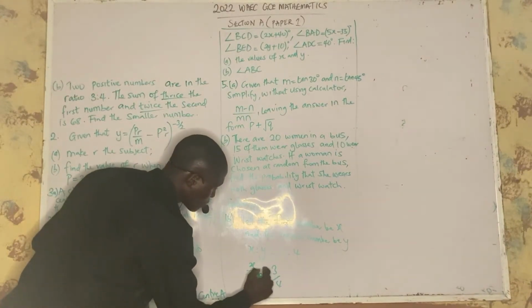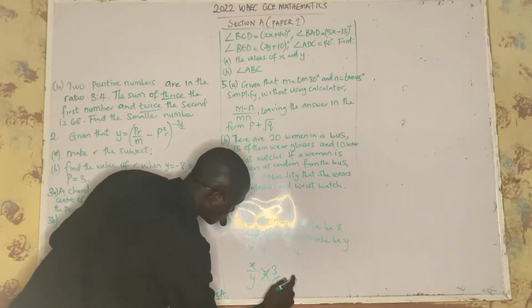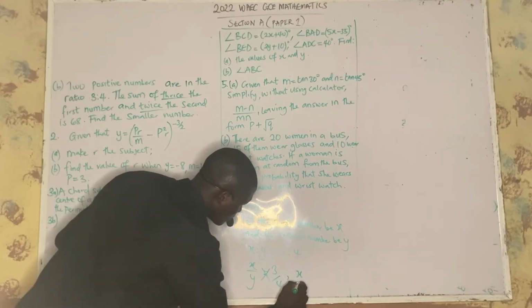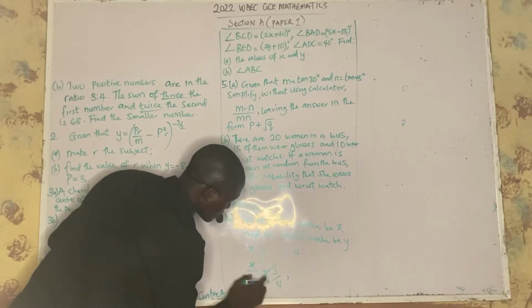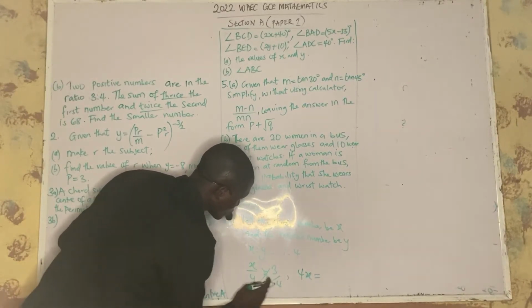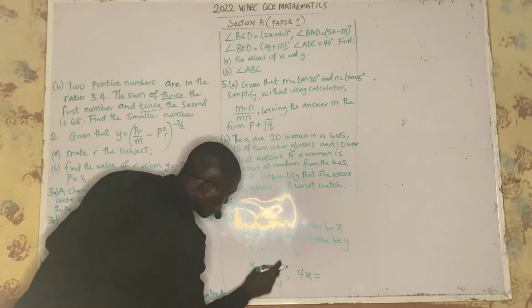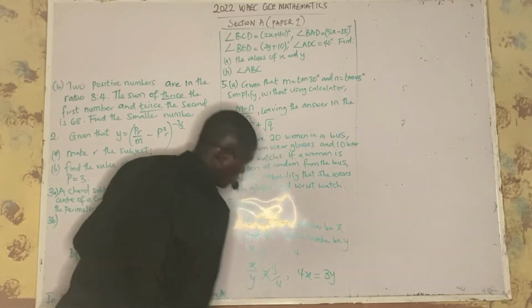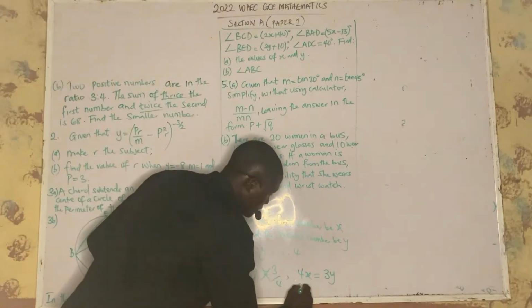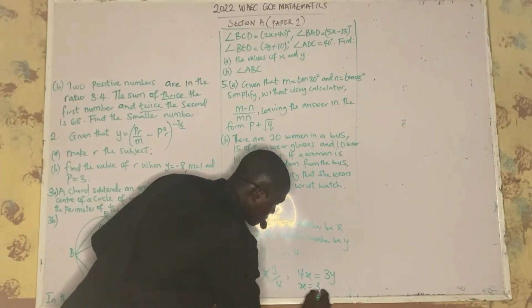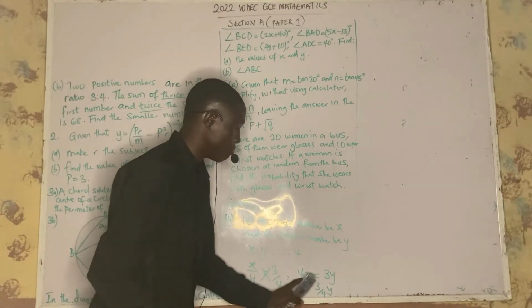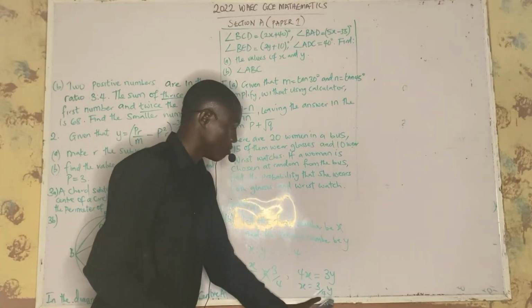So by cross multiplication, we are going to have x multiplied by 4 to give 4x equal to 3 multiplied by y, which gives 3y. So we decide to make x the subject. X will be equal to 3/4y, because when you divide both sides by 4, we have 3/4y.